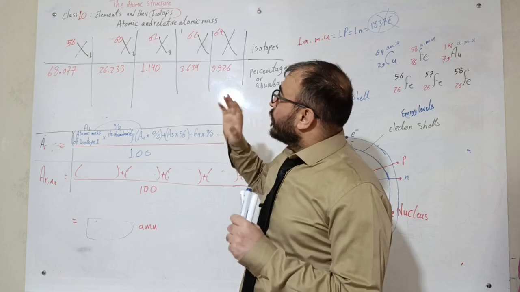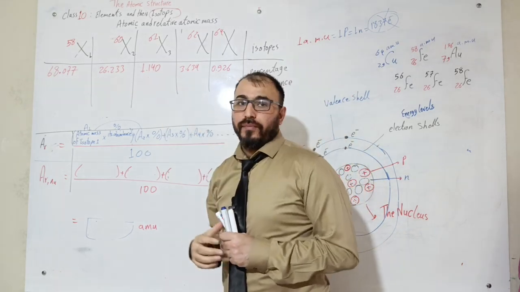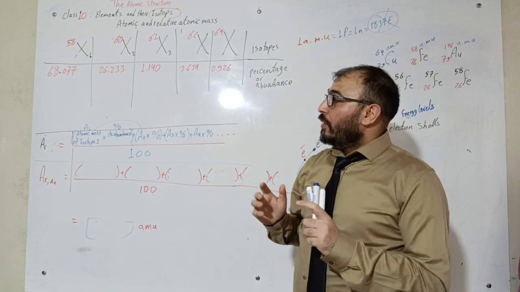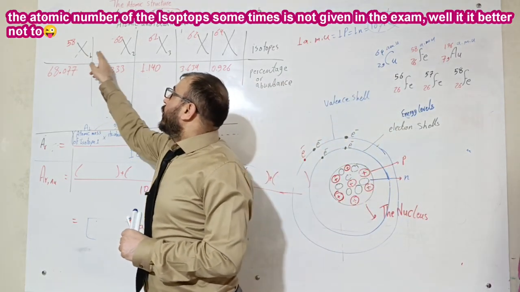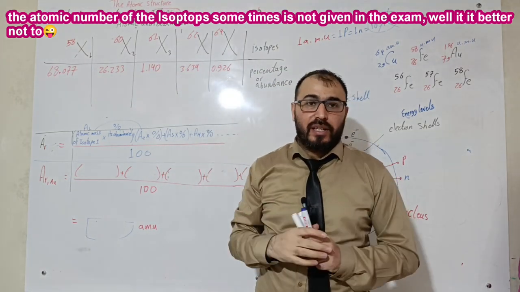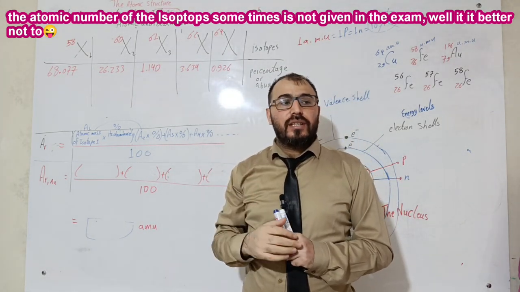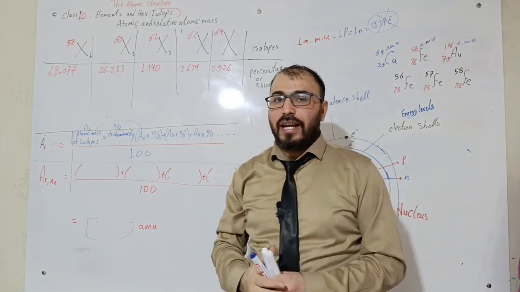The question is, calculate the relative atomic mass of those isotopes. First of all, we have to notice that the atomic number of those isotopes wasn't given. The reason is that generally we don't need it at all.